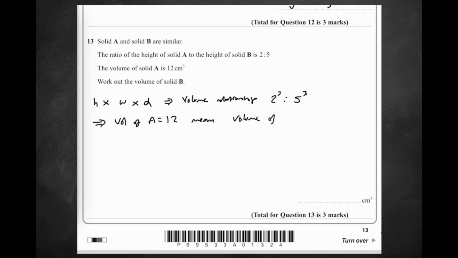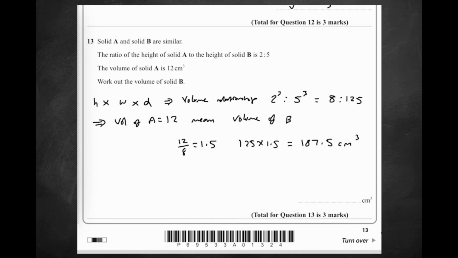I'm going to simplify this: 2 cubed is 8, 5 cubed is 125. Volume of B must follow the same pattern. So 12 divided by 8 gives 1.5. 125 multiplied by 1.5 gives us, what's half of 125? 62.5, so 187.5. And that will be our volume of B.